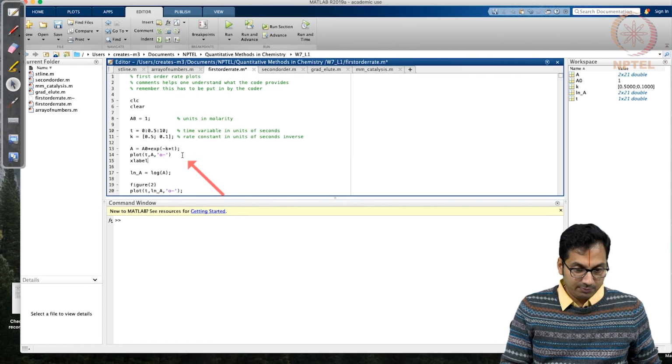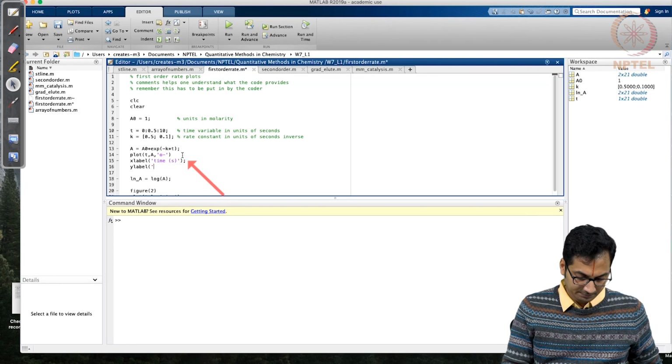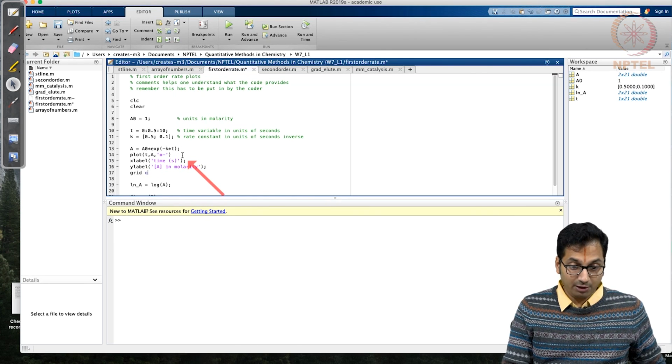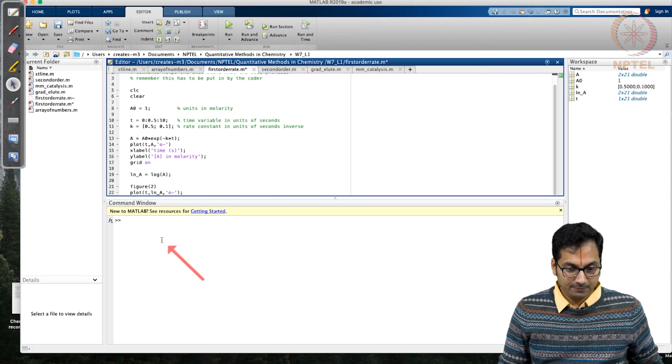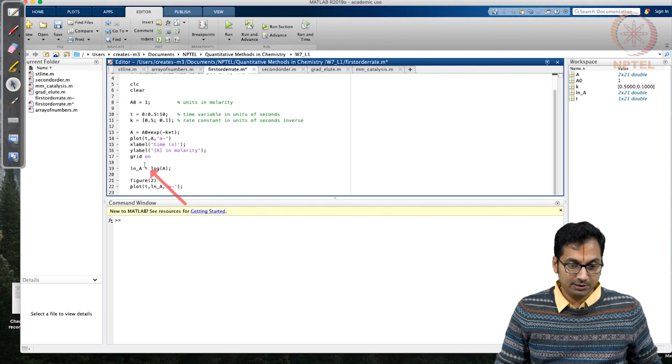So we can say x label, time in seconds, y label, A in molarity, and then you can say grid on so as to even see a grid on it, and then you can do the same thing here.